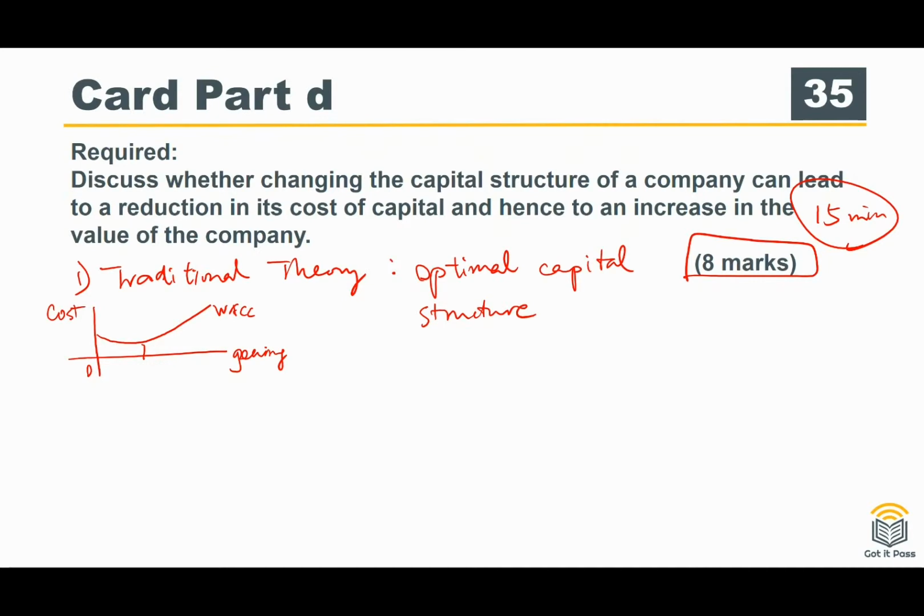But once cost of equity increases faster than what you expected, the benefits from gearing on the lower cost of debt no longer exist because you have increased the financial risk. So there is an optimal capital structure in the traditional theory.